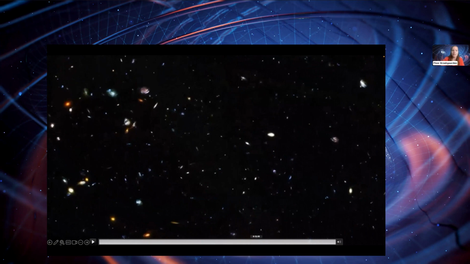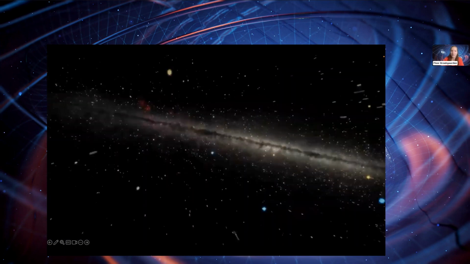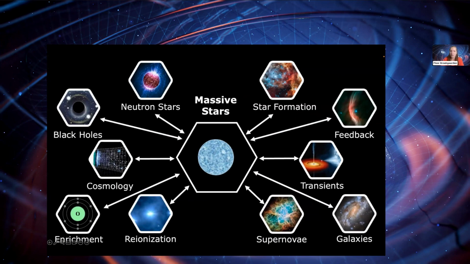But there's one thing we do know, and this is that they play a pivotal role in shaping our universe through all these different processes shown here. So for instance, they trace and trigger star formation. Their strong stellar winds provide a lot of feedback into our universe and galaxies. They produce transients, such as X-ray binaries or supernovae.